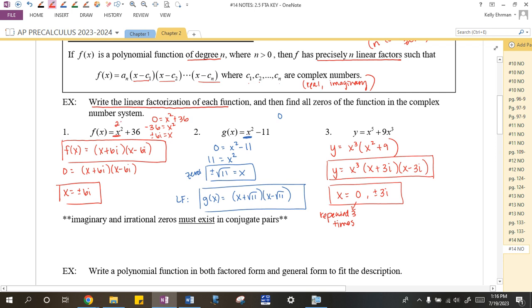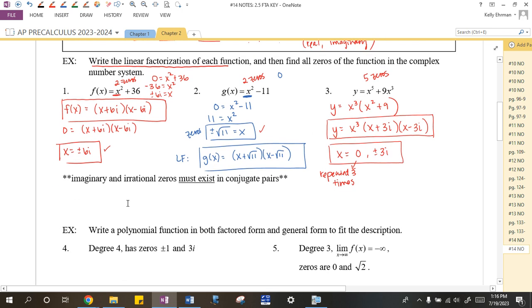We should have 2 zeros in the complex number system for a quadratic, and we should have 5 zeros in the complex number system for number 3. So if we check that, we got 2 zeros for number 1, we got 2 zeros for number 2, and if we recognize that x equals 0 technically could be written out 3 times because it came from a multiplicity of 3, then that is a total of 3, 4, 5 zeros.